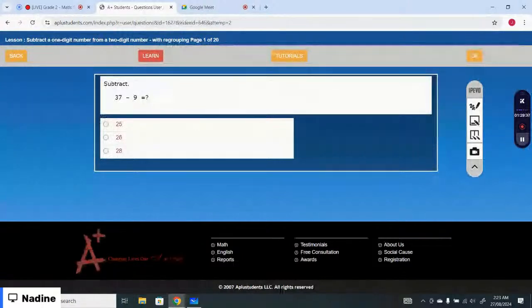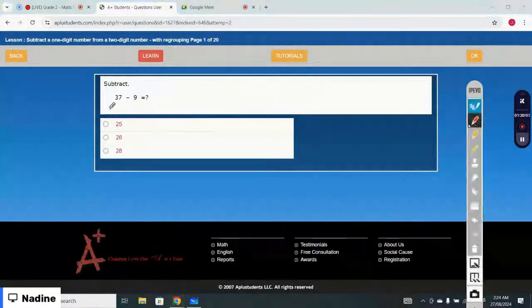37 take away 9, which is the correct option? So start with 37 and count back 9.